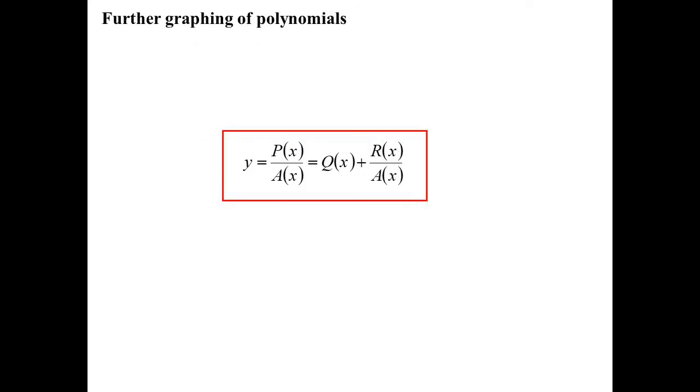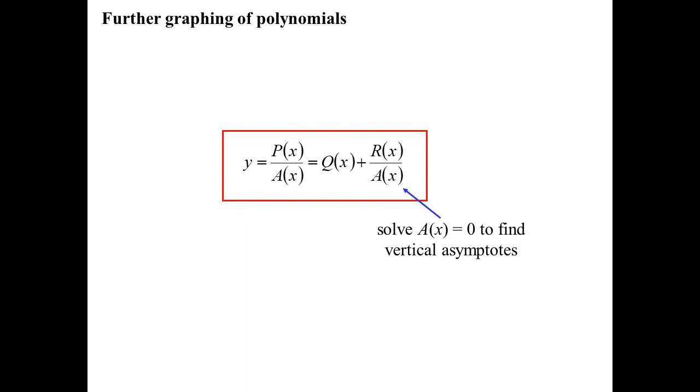Back to the graphing of polynomials then. This idea, if you've got a polynomial on top of a polynomial, that sort of function you want to draw. If you do a polynomial division on it, you could rewrite that as the quotient plus the remainder over the divisor. But when it's in that format, it tells you a lot of information. The bottom of the fraction can't equal 0.